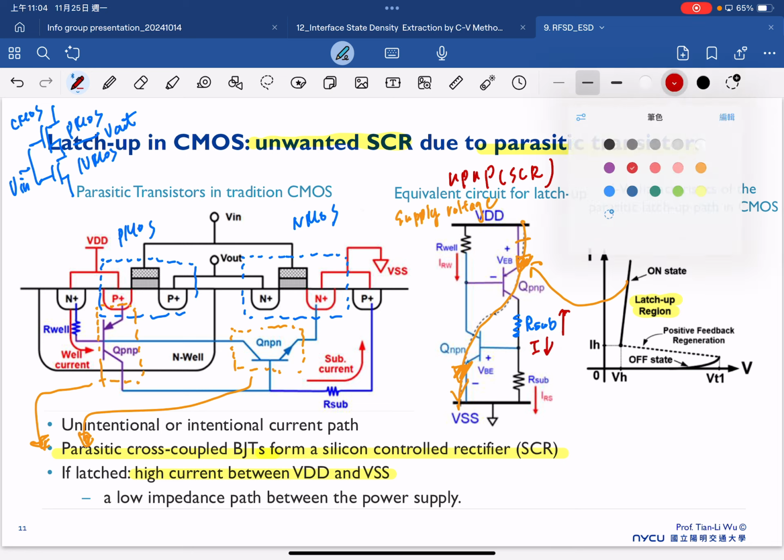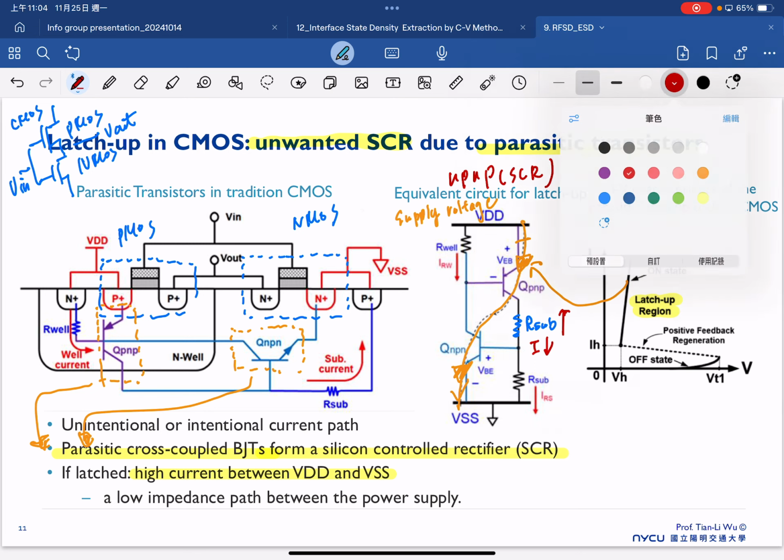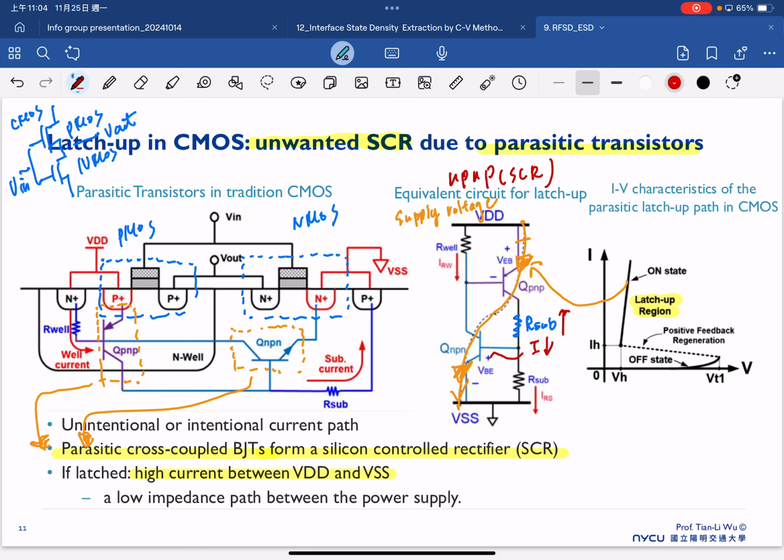If the current is reduced, then we have less current to trigger this BJT. So that's why I think the increased substrate resistance can help prevent latch-up. The current in here is smaller, so we can prevent the latch-up event.